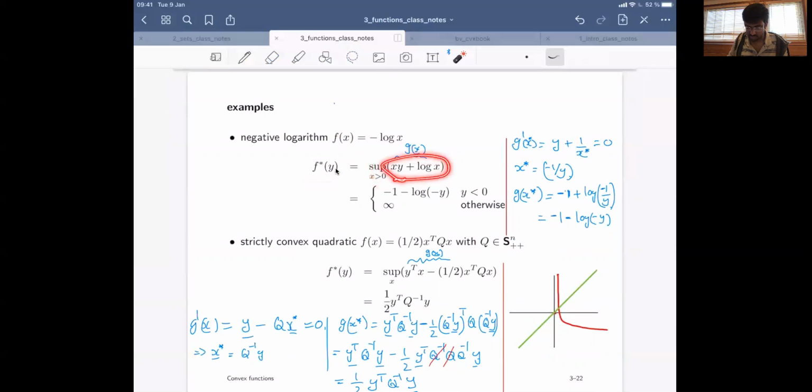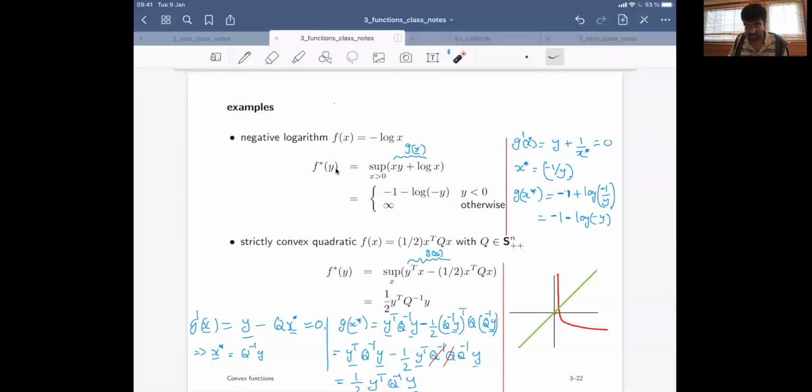Now, to find the maximum of this, when the function is differentiable, we can find the maximum by differentiating. So let's call this guy g of x. So g dash x is y plus 1 at x star. This will give the maximum value, which I am equating to 0. Then x star will be minus 1 by y. Just plug that in, then you will get this expression when y is less than 0.